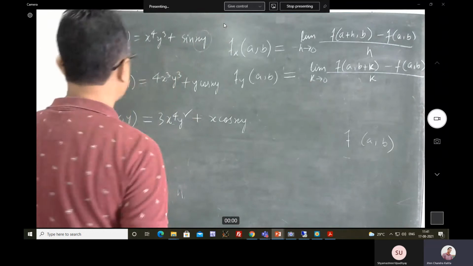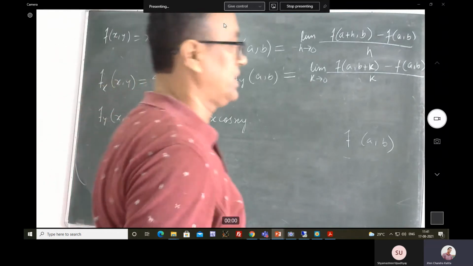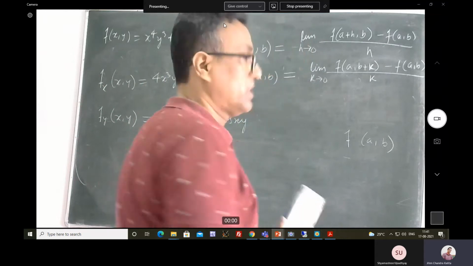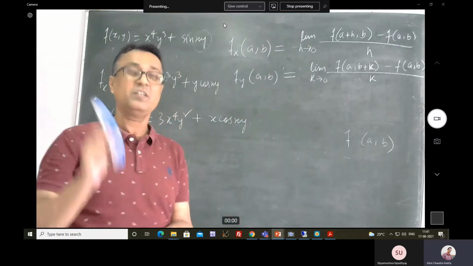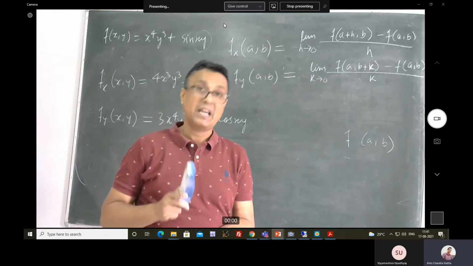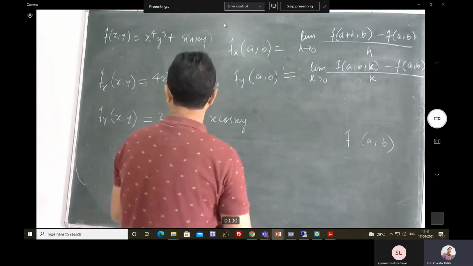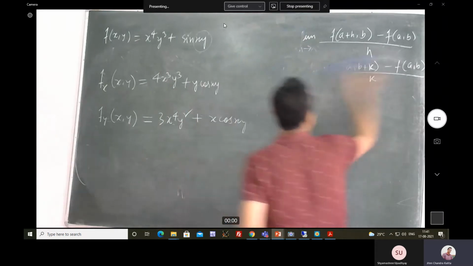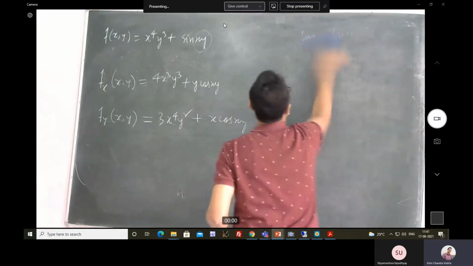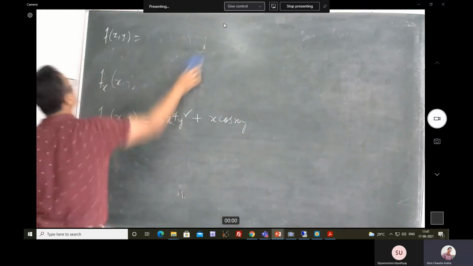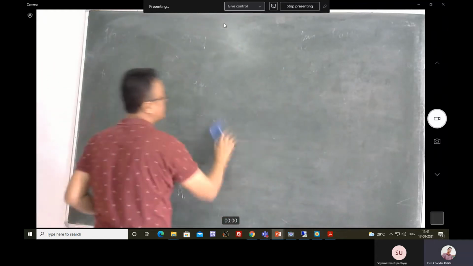So now let us come to a very important concept, the geometrical interpretation of the partial derivative, because that is going to be very important later on when you learn tangent planes. I will come to higher order derivatives later on, but firstly let me finish this geometric interpretation.